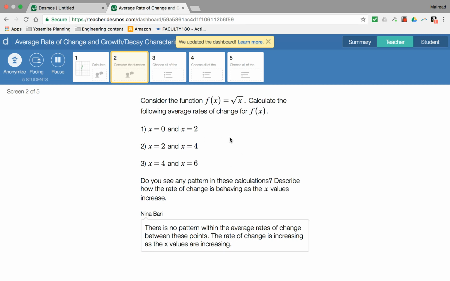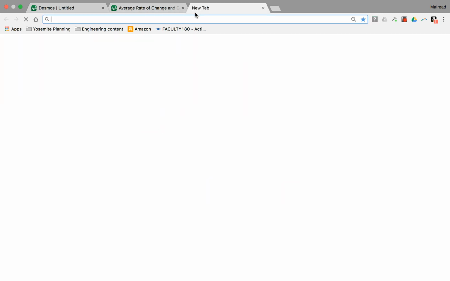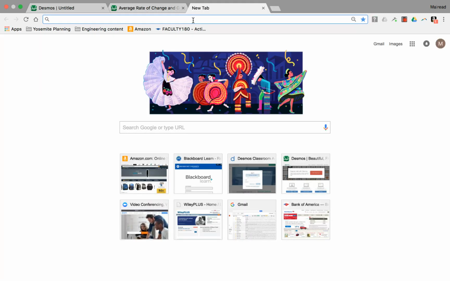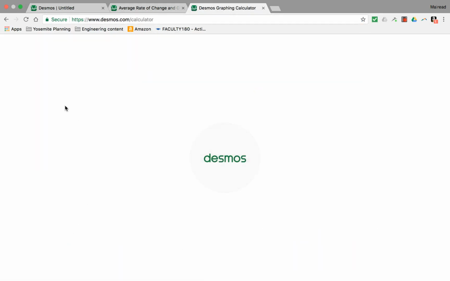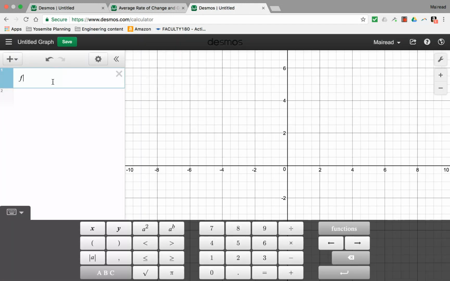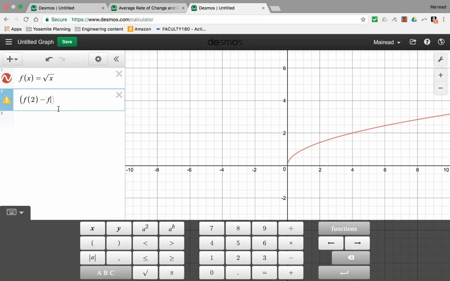And if we calculate that, we can see it. So let me just pop over to Desmos for a minute and you can see that. If we have f of x is equal to the square root of x, so our first rate of change that we wanted to calculate was between 0 and 2, f of 2 minus f of 0, and then we would divide it by 2 minus 0, and our rate of change will be 0.707.